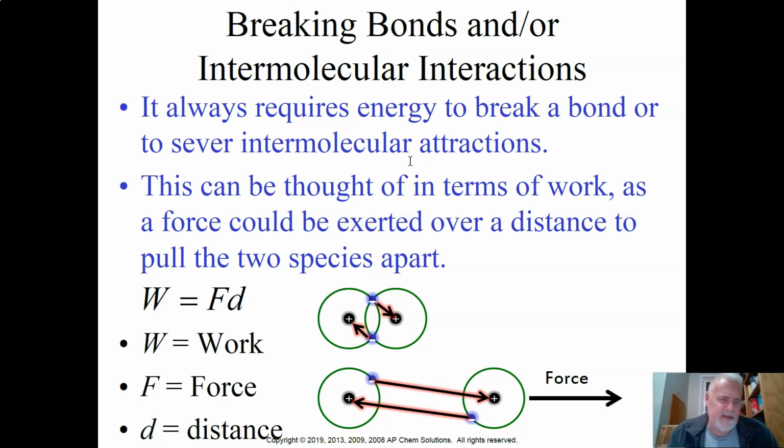Okay, this also is a little bit of review, and we used an analogy of a pencil. I got one right here, and a lot of people think when you break a bond, it gives off energy, and that is simply not the case. You have to break a bond.